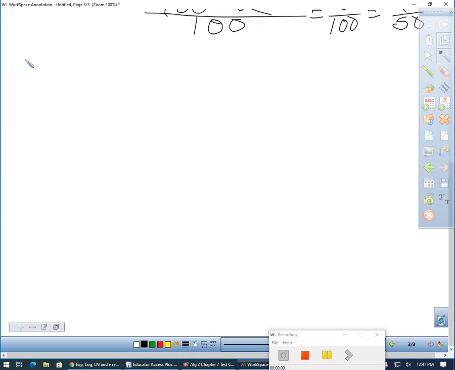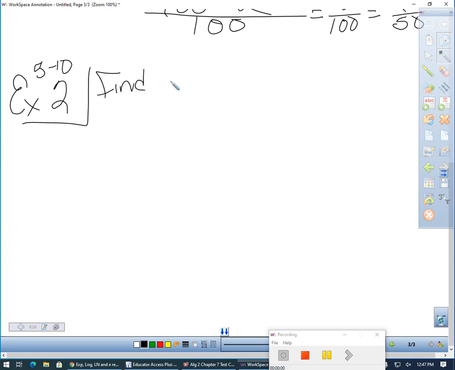Alright, let's look at example number 2. On example number 2, this is actually going to cover 5 through 10. In this one, it's similar. They're going to ask you to find the first 4 terms and the 8th term.